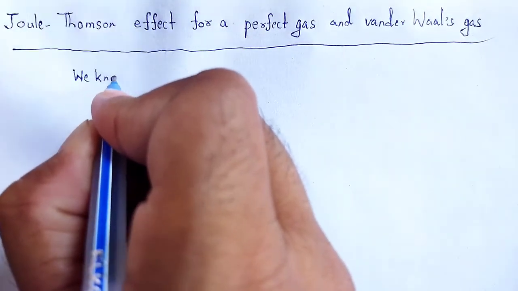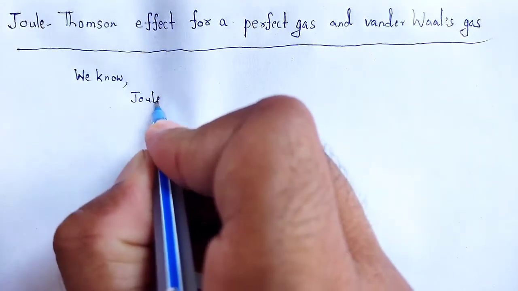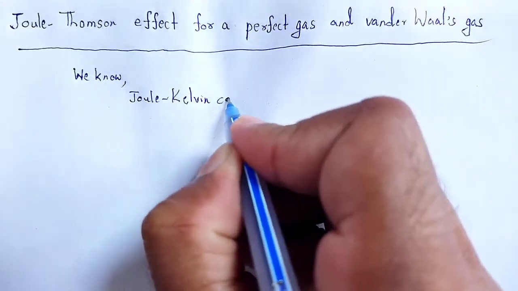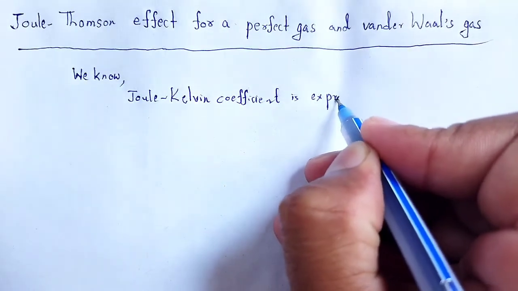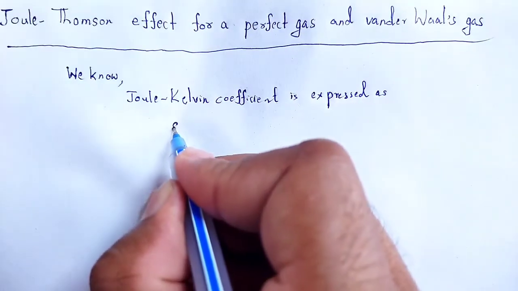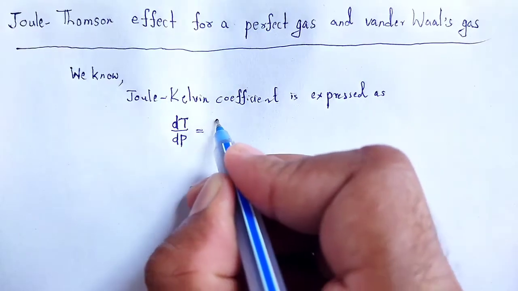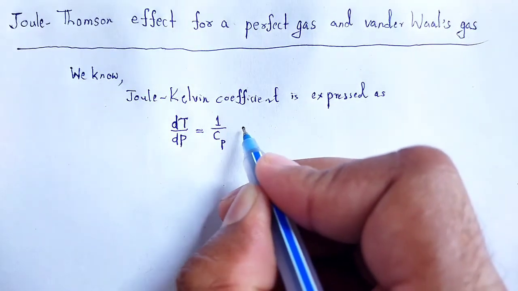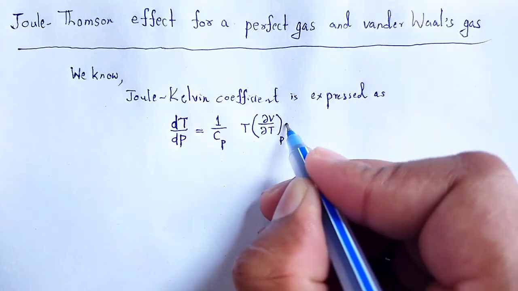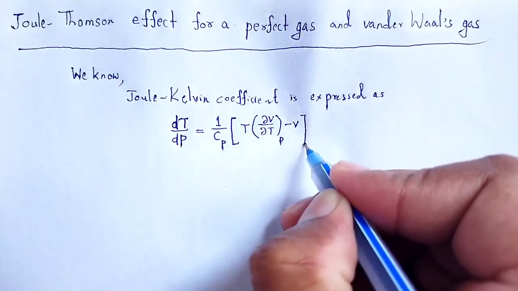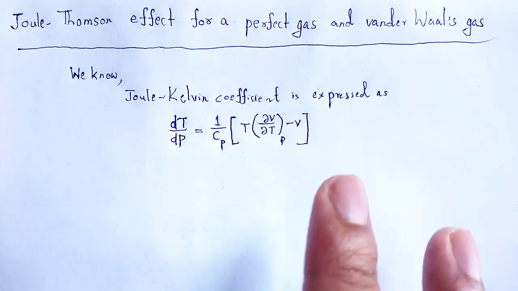we know the Joule-Kelvin coefficient is expressed as dT by dP, the change in temperature with respect to pressure, which is equal to 1 by Cp times T del V by del T at constant pressure minus V. That is the thermodynamic expression or thermodynamic explanation of the Joule-Thompson effect.